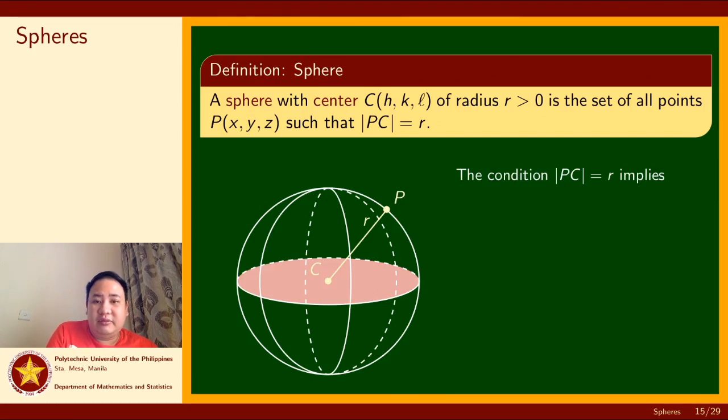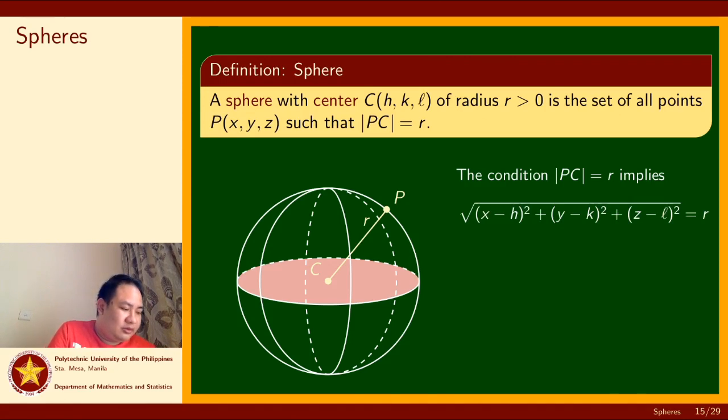In the diagram, you shall see that the sphere has a center C and radius r. Notice that the condition that PC equals r implies an equation.